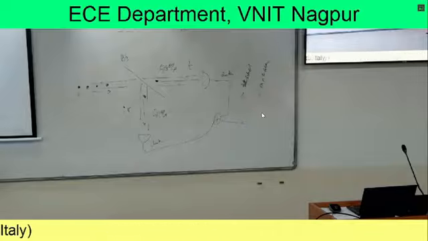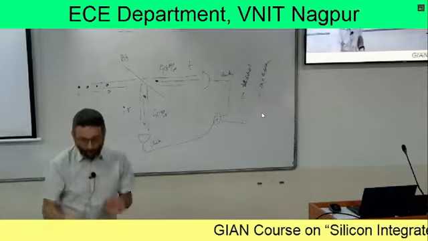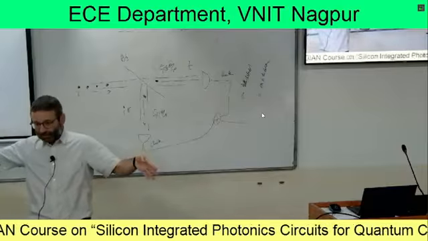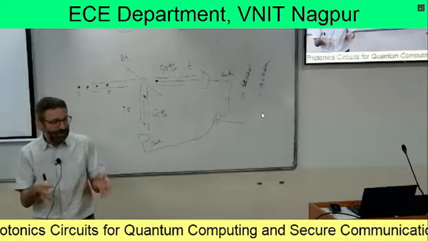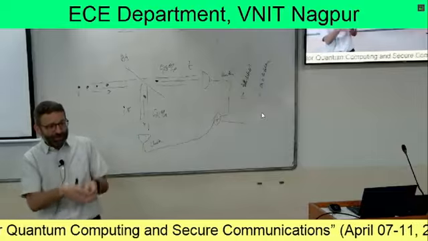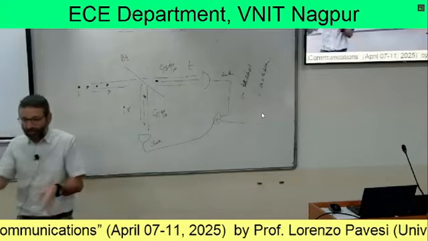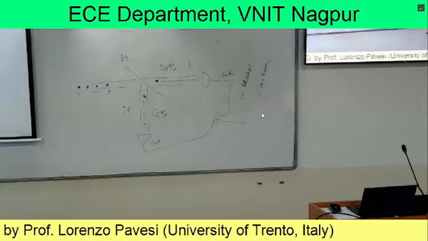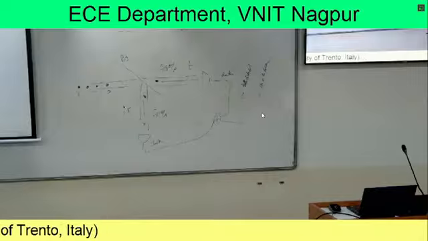It's called anti-bunching, meaning that the single photons are well isolated with respect to the other photons. Okay? In a thermal emitter, you may end up with 2 photons that are emitted at the same time. In a coherent laser, you have a Poissonian distribution of the emission: many events with a single photon, many events with 2 photons, and so forth.